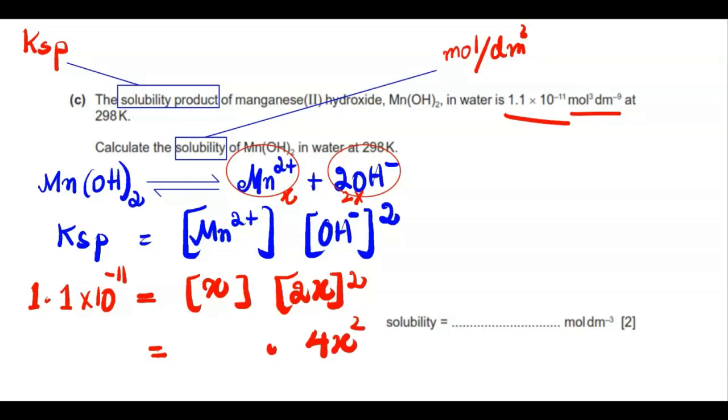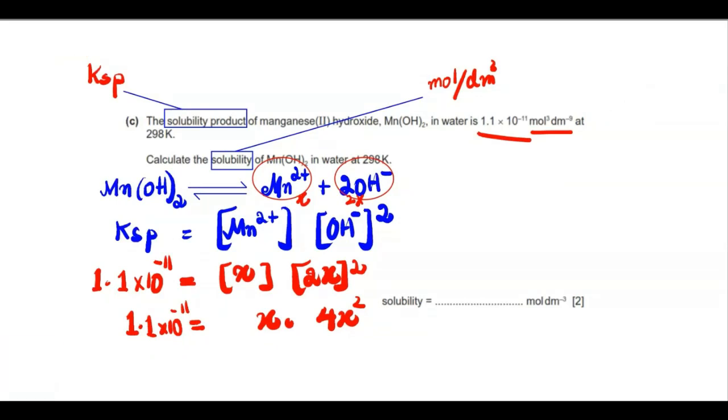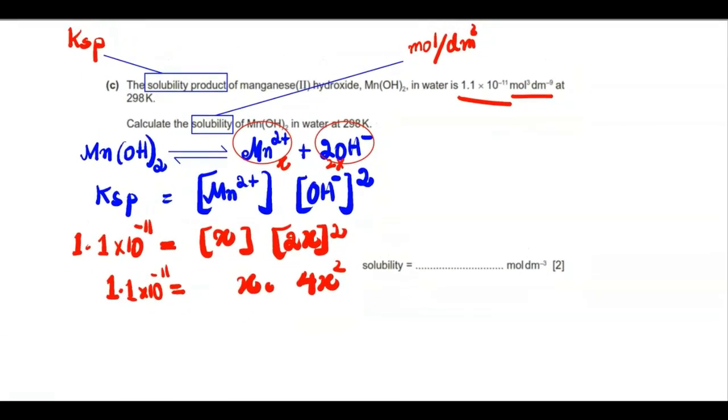When you solve it, it becomes 4x squared into x, equal to 1.1 into 10 raised to power minus 11. It will become 4x cube equals 1.1 into 10 raised to power minus 11, and x cube equals 1.1 into 10 raised to power minus 11 divided by 4.